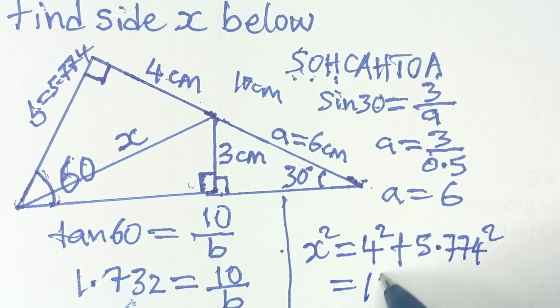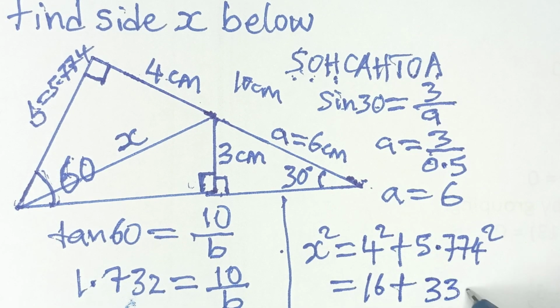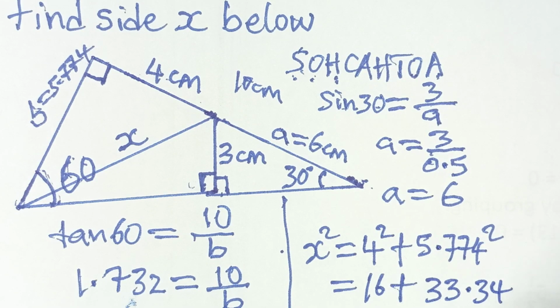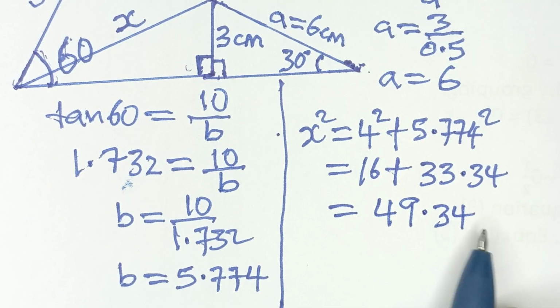The value of 4 squared is 16, and 5.774 squared will give us 33.34. When we add it to 16, it gives us 49.34.